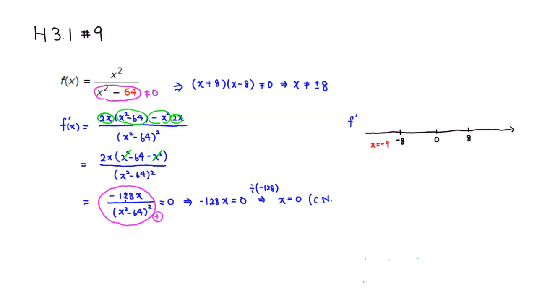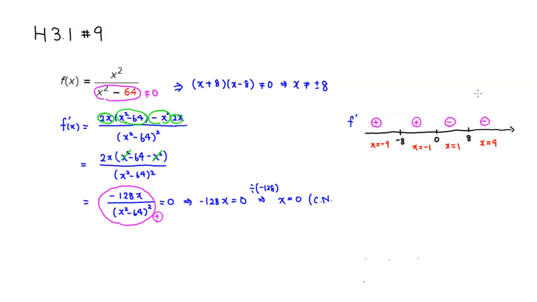If you plug in negative 9 for x, negative 128 times negative 9 is positive, so the first derivative is positive. Trying x equals negative 1 between negative 8 and 0, negative 128 times negative 1 is positive, so again positive. Trying x equals 1 between 0 and 8, negative 128 times 1 is negative, so the derivative is negative. Trying x equals 9, negative 128 times positive 9 is negative, so we have a negative.